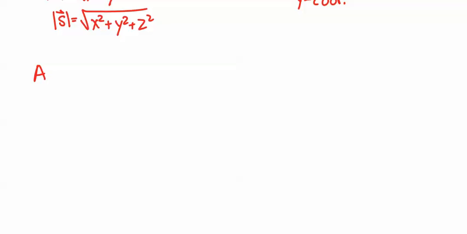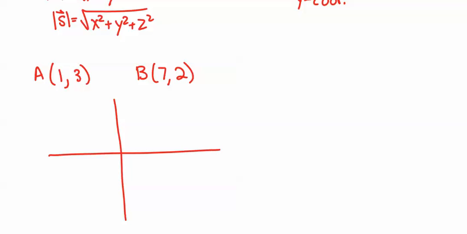So let's say we had a point A at 1, 3, and then we have point B at 7, 2. So we've got 2 points. So 1, 2, 3. There's our first point, and then we have a point at 7, 2. 5, 6, 7, 2.